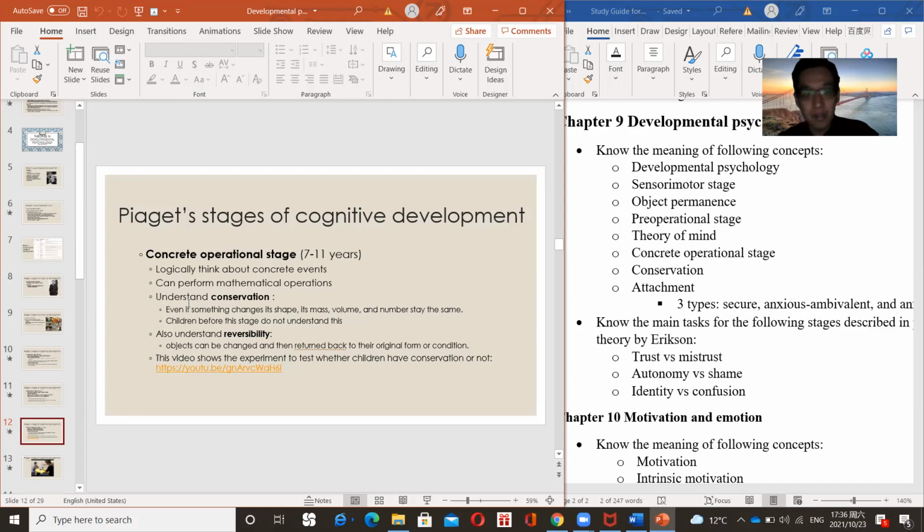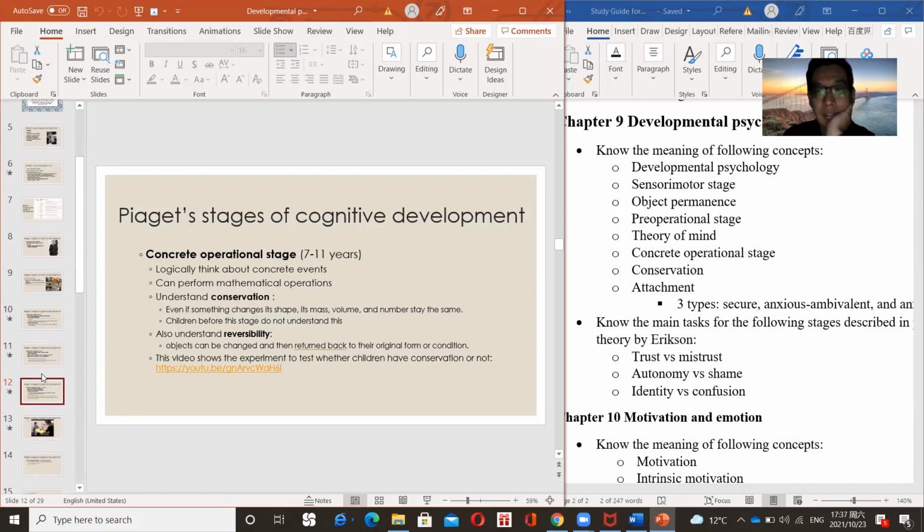That knowledge is called conservation. No matter how the shape of that thing is changed, the mass, volume, and number of that thing stays the same. That is what children start to know about in the concrete operational stage.